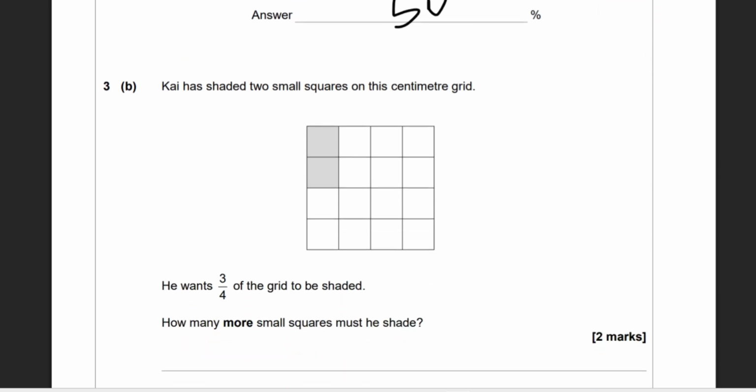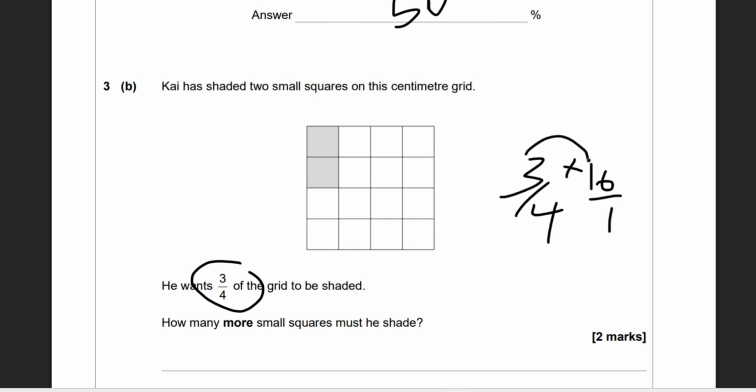Kai has shaded 2 small squares, then he wants 3/4 to be shaded. How many more must he shade? So he has shaded 2. We need to find out what 3/4 of the total is. So this is 4 times 4, 16. 3/4 of 16 is 3 over 4 times 16 over 1.